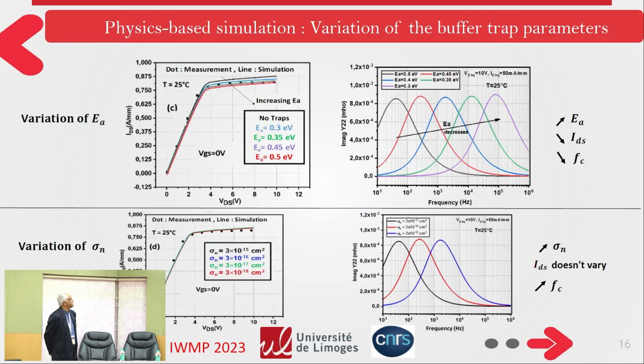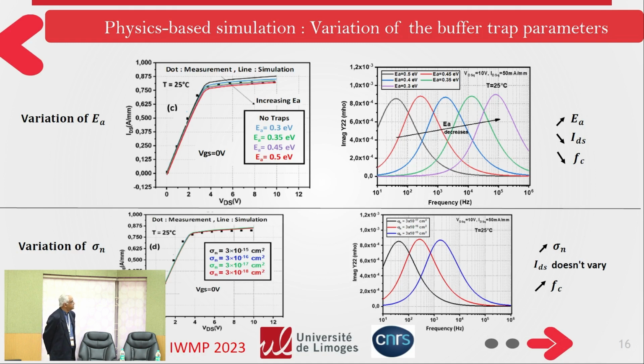We also made some variation of the buffer trap parameters. I present here the imaginary part of Y22 versus frequency. When you increase the activation energy, as you see, the peak position decreases, so it shifts to a lower frequency.